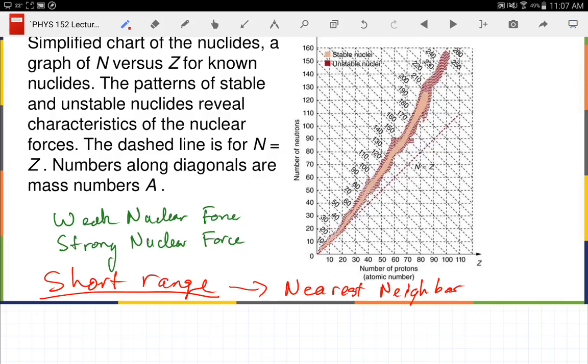Now let's reverse this. Let's now make Reagan neutral and Zach and Austin positive. Is there a force between Reagan and Austin? Not electrostatic. But because they're neighbors, there's still an attractive force from the strong nuclear force and weak nuclear force. Likewise, between Zach and Reagan, there's an attractive force from the nuclear forces.